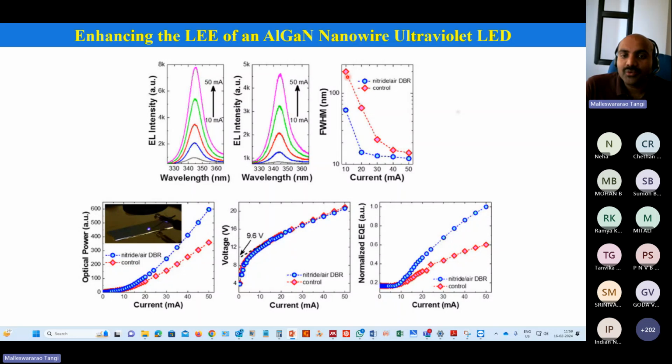With DBR, we could see a lower FWHM of electroluminescence emission, and similarly it has higher optical power and also higher external quantum efficiency compared to without the DBR pattern around it. So basically, DBR helps to have better light extraction efficiency.